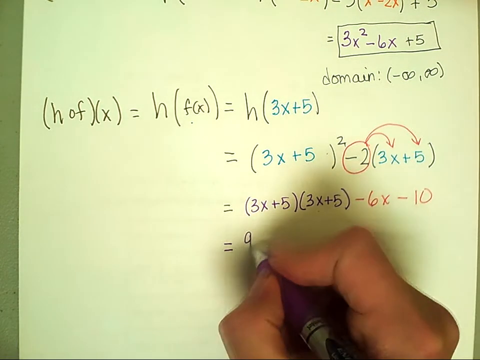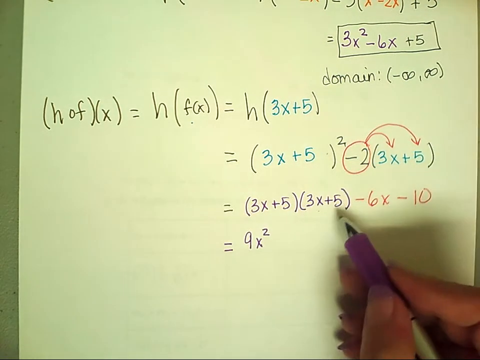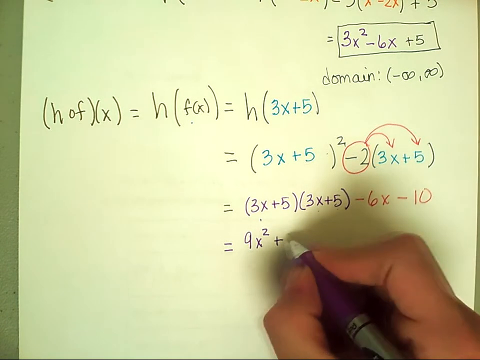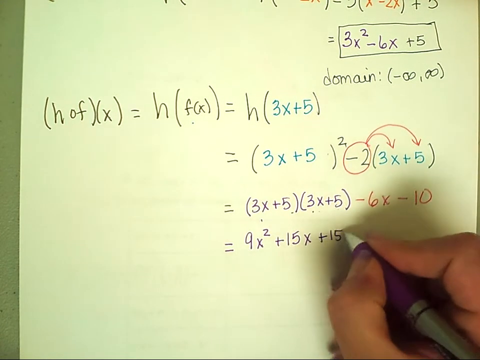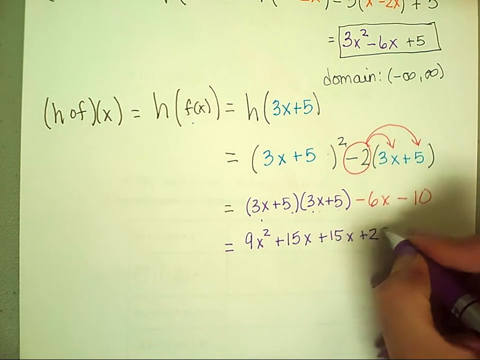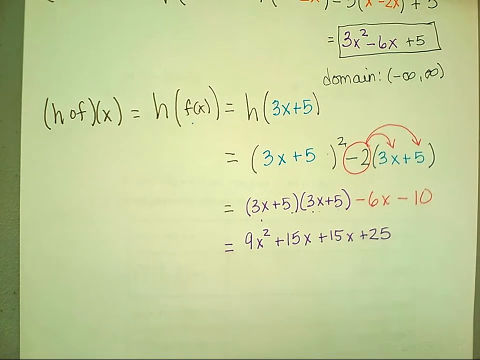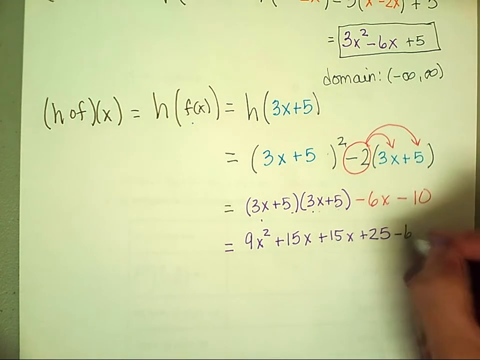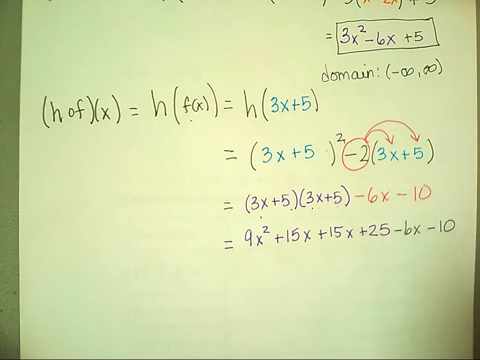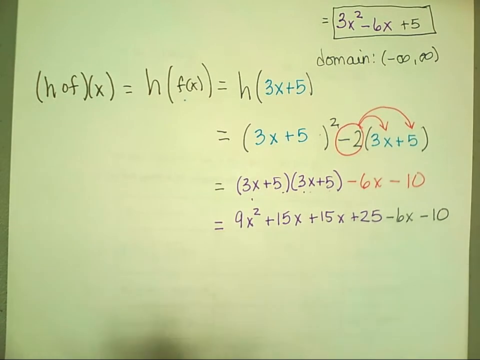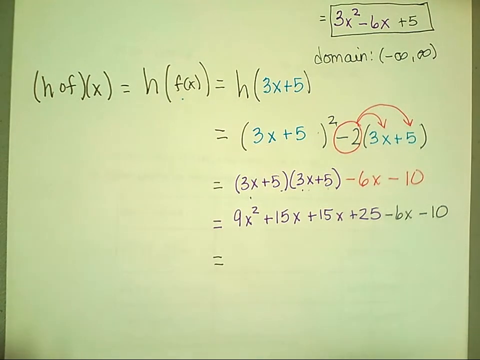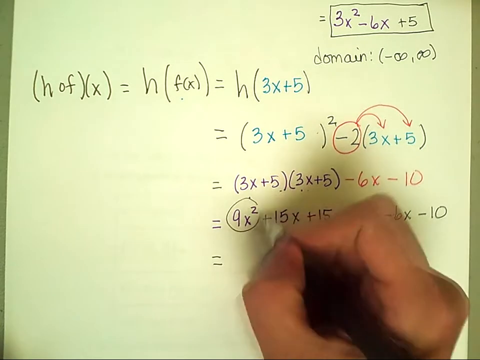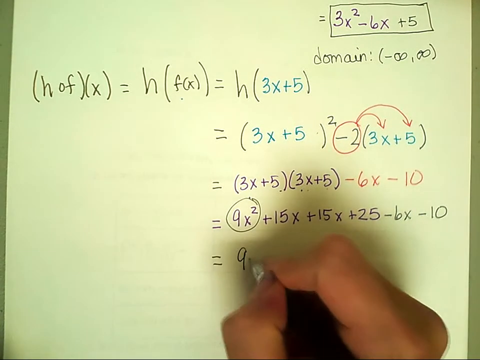We'll continue to simplify. So this becomes 9x squared plus 15x plus 15x plus 25, and then we'll just bring down the minus 6x minus 10. Let's combine some like terms.